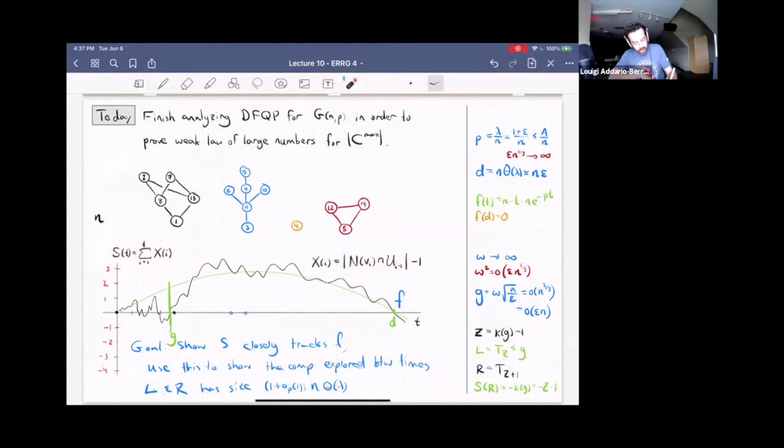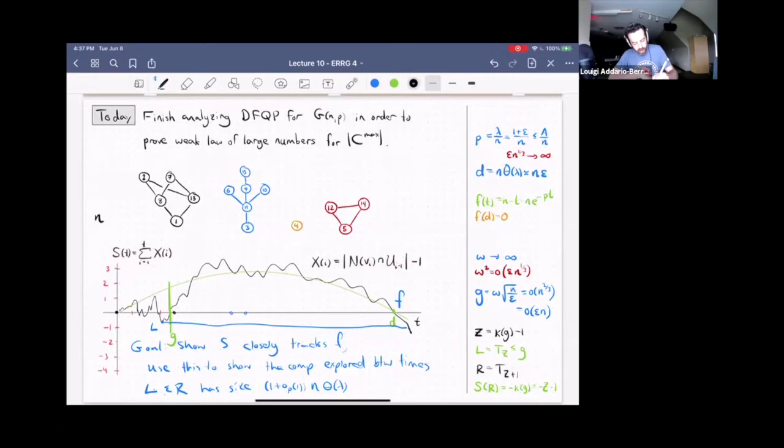So then we'd define, so this was the time L. It was the last time we hit a running minimum before time G, and then time R will be the first time after that we drop below level L.